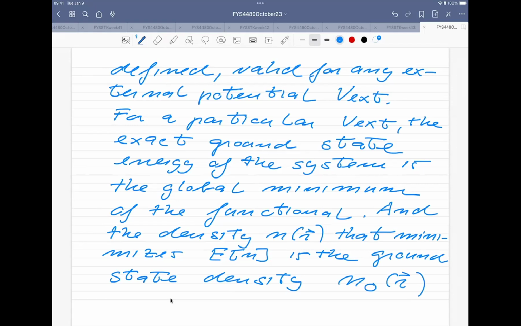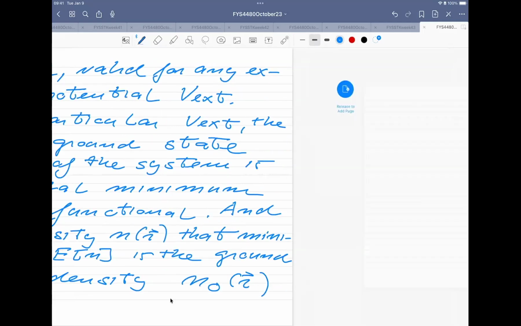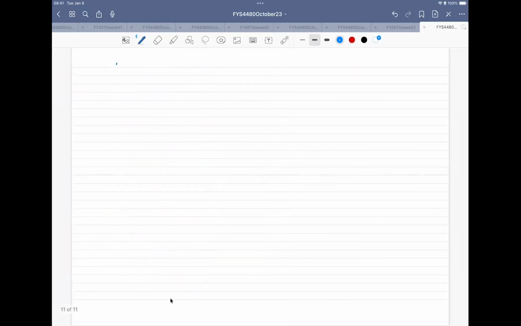Now, there is a corollary to the statement here, and that corollary says that the functional alone is sufficient to determine the exact ground state energy and density. In general, excited states must be determined by other means. So the corollary simply says that the functional alone is sufficient to determine the exact ground state energy. Let's just state the corollary and then we take a small break.